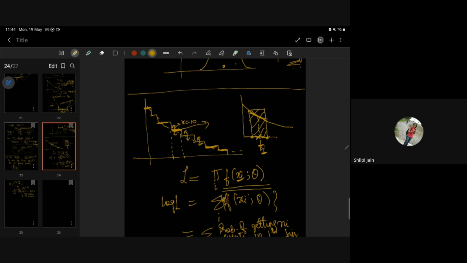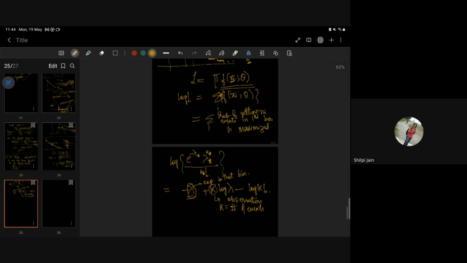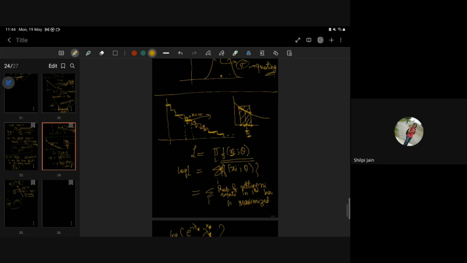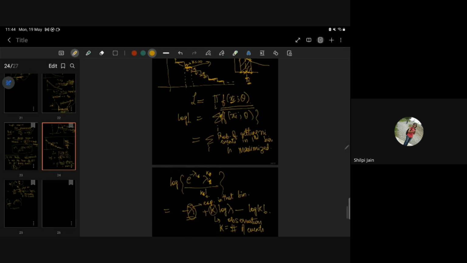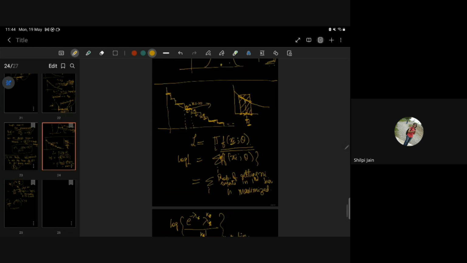You will expect 1 over tau e to the power minus t_i by tau. That's the fraction of events you expect in that bin. And if your total number of events in this complete histogram is N, then the total number of events in that bin will be multiplied by N. But that's the expectation at this point.